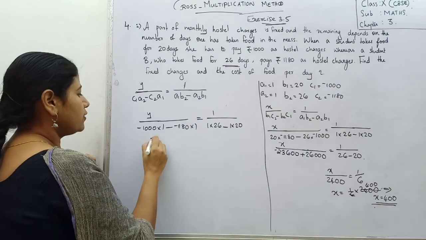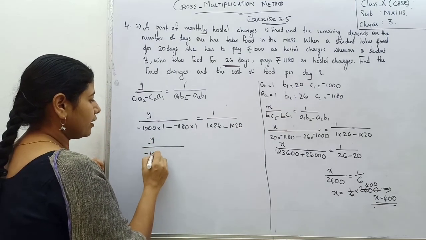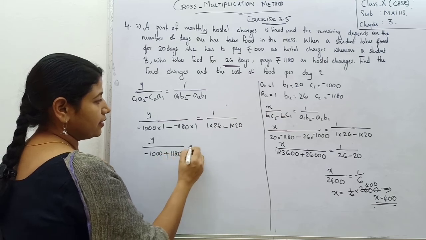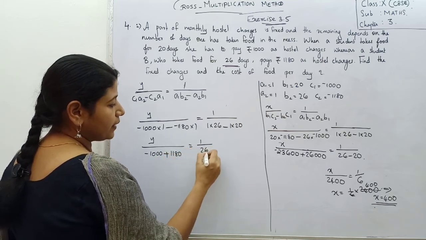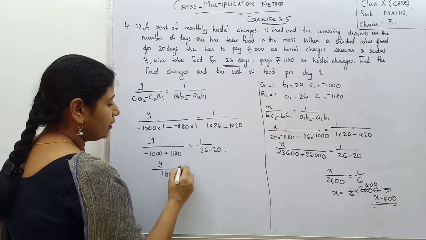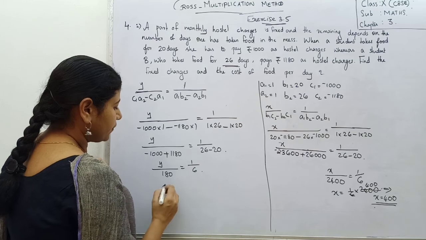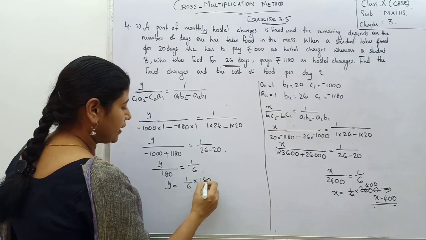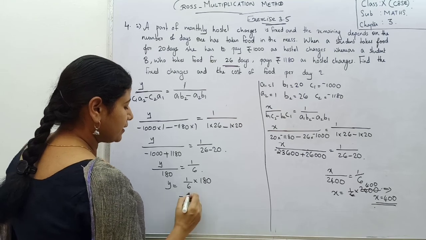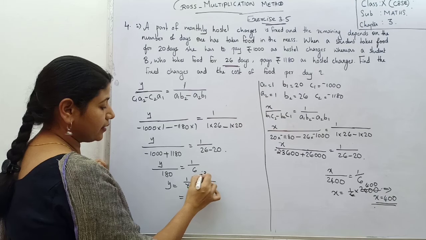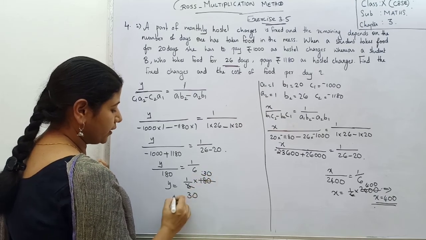So we can find the values: y by negative 1,000 plus 1,180, which is 180, equal to 1 by 26 minus 20. So we will get y by 180 equal to 1 by 6. So y equal to 1 by 6 into 180, which is 180 by 6, which is 30. So y equal to 30 rupees.